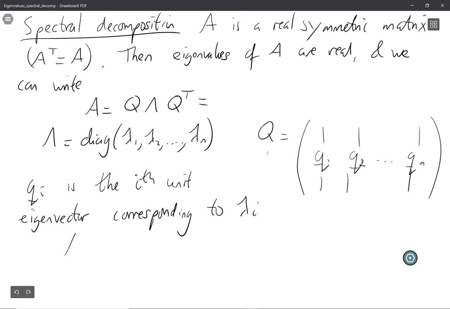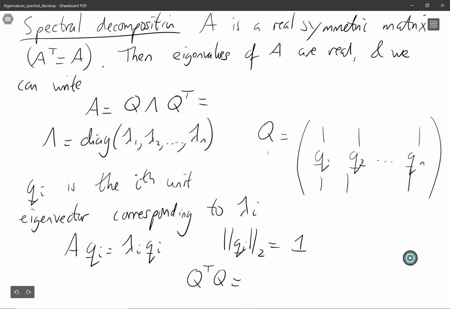In other words, we have that A times Qi is lambda i Qi, and the length of Qi is 1. The matrix Q is an orthogonal matrix, which means that Q transpose Q equals Q Q transposed equals the n by n identity matrix I_n.